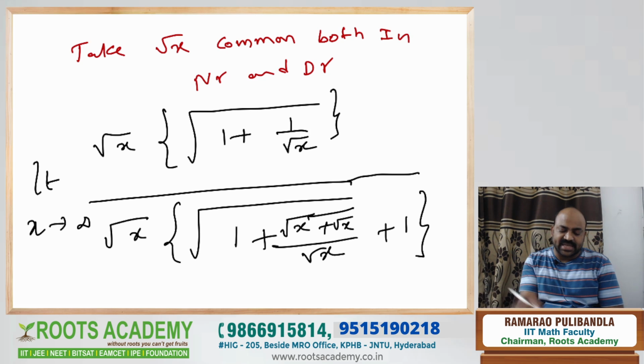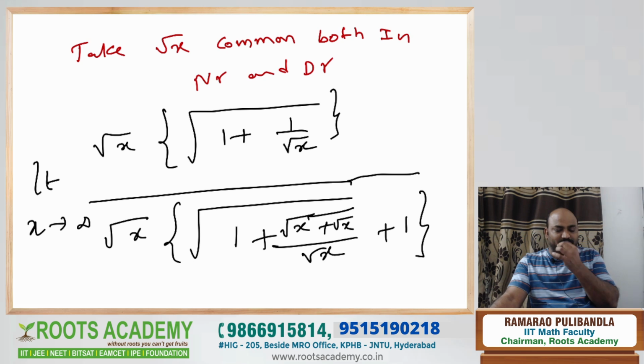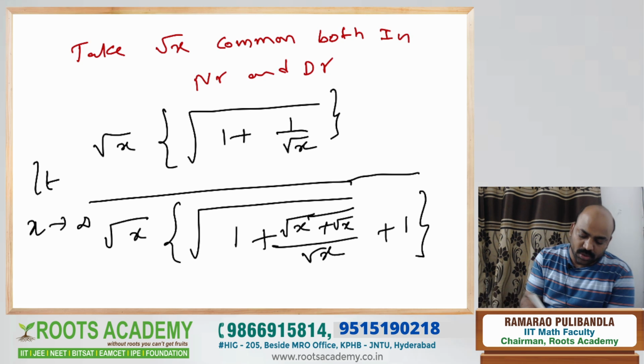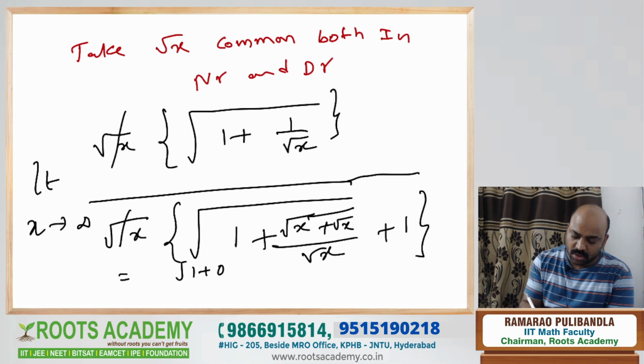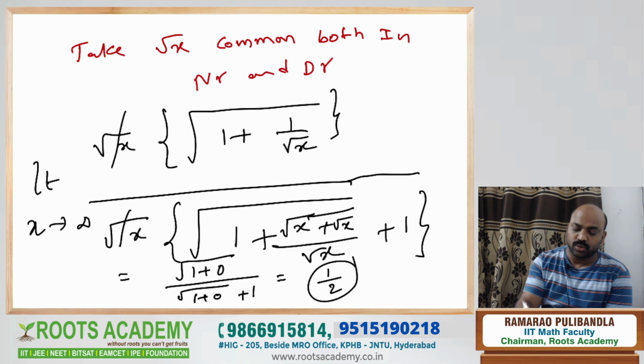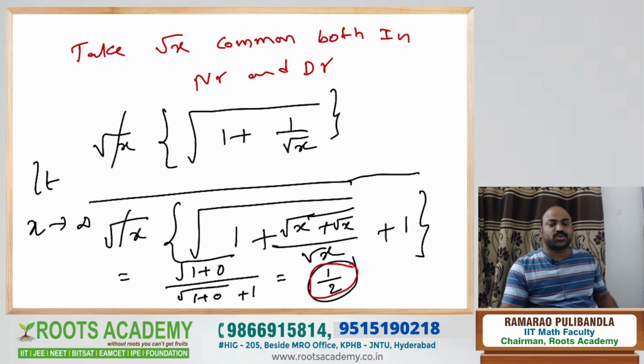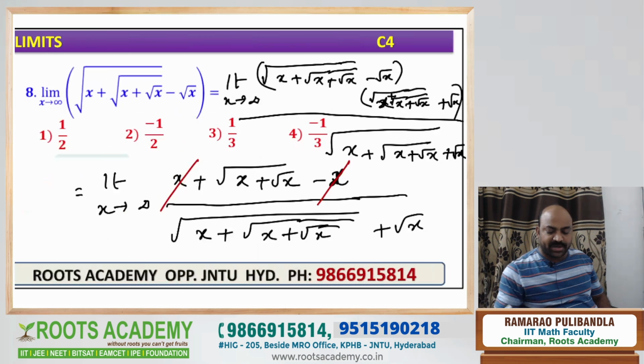We know that as x tends to infinity, any 1 by power will go to 0. So these cancel. It is nothing but 1 plus 0 under root of 1 plus 0 plus 1. That shows 1 by 2. Are you getting what I am doing here? The answer for this beautiful question is 1 by 2.